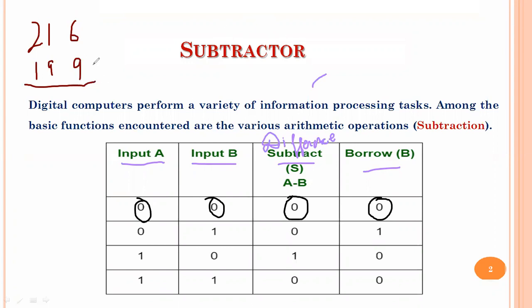This second value is greater than the first value, so we will borrow 1 from this side. So this is 16 minus 9, we have 7. Now again this becomes 0, so we again borrow 1 from it. So 10 minus 9, we have 1, and this is 1, so 1 minus 1 becomes 0. Clear?